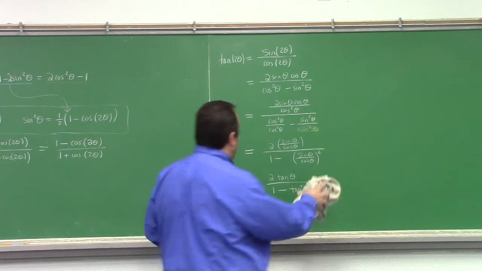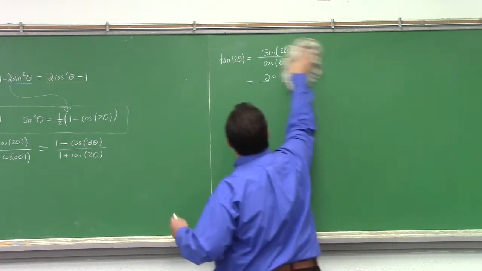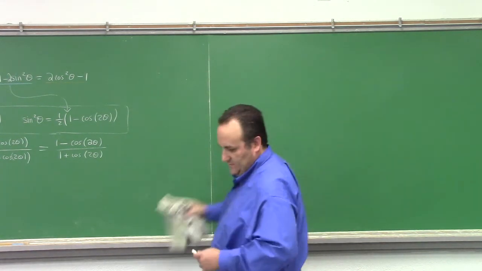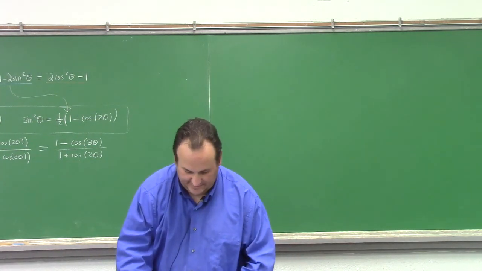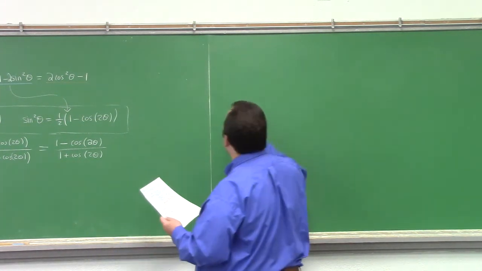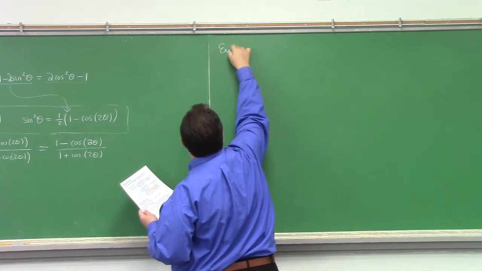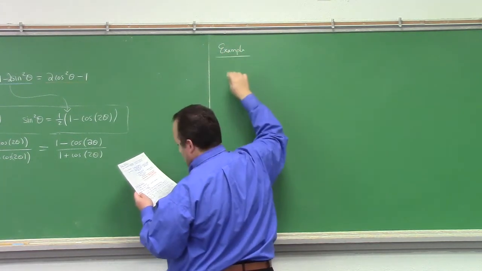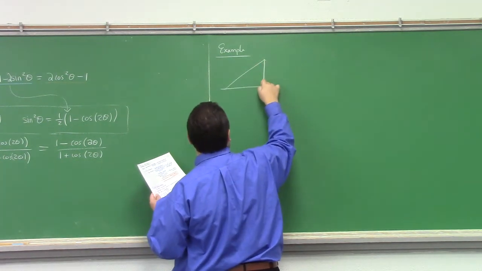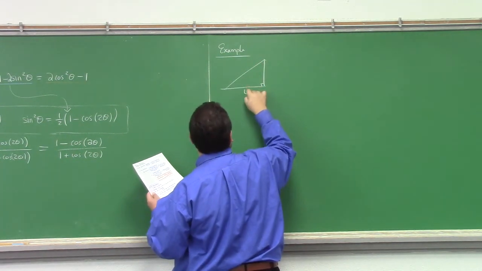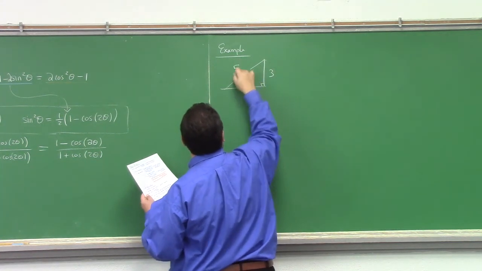Let me show you an example with some numbers. All right. So kind of take a break from our identity proving and look at this one. Suppose we've got the triangle 4, 3, and 5, all right?